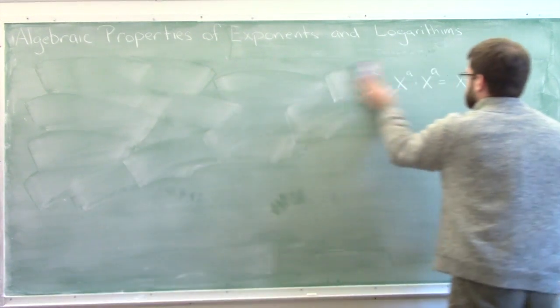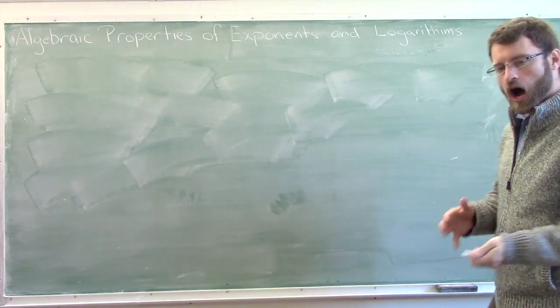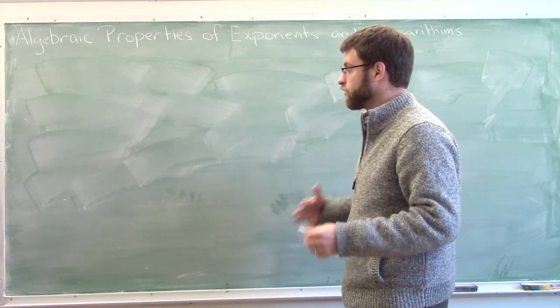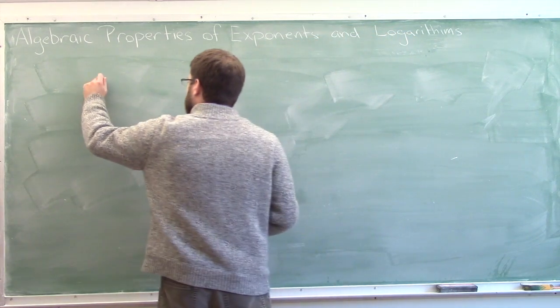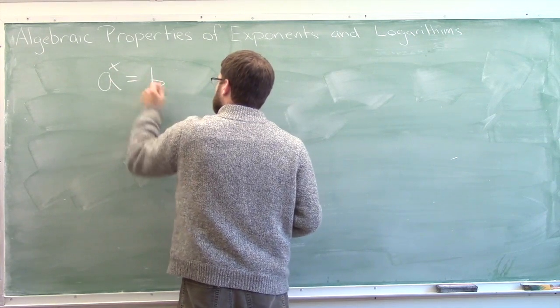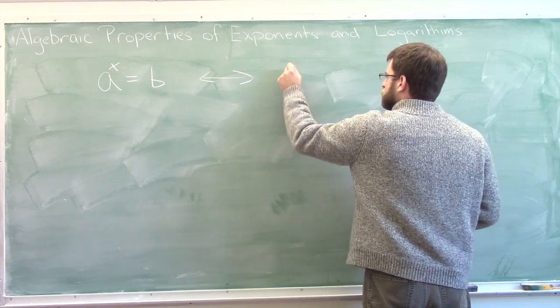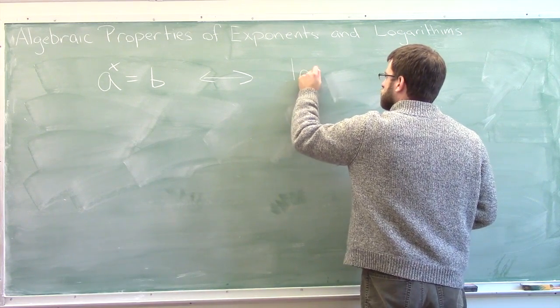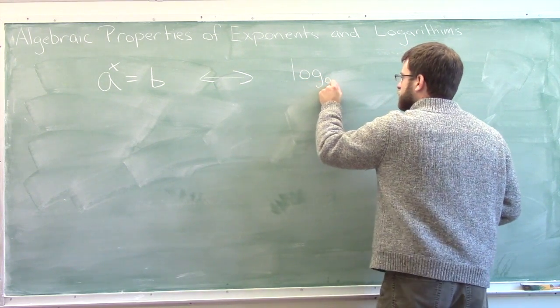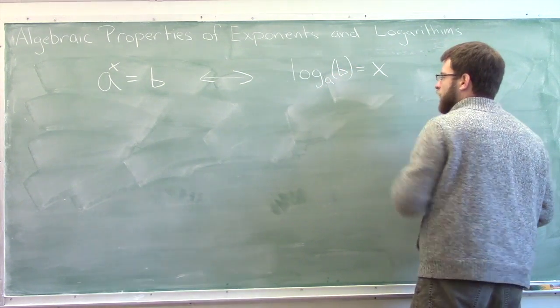First, let's remind ourselves what job an exponent or logarithm is supposed to do. So if I have an equation, a to the x is equal to b, this is equivalent to log base a of b is equal to x.